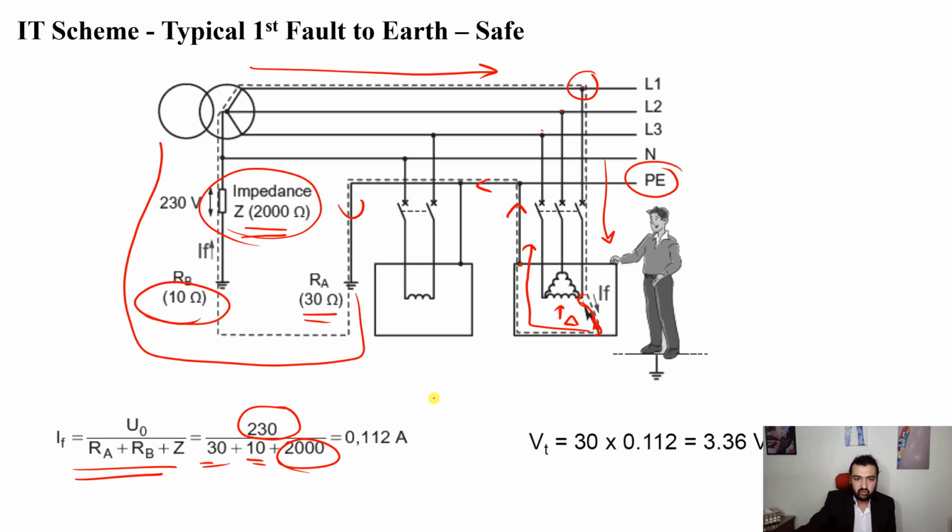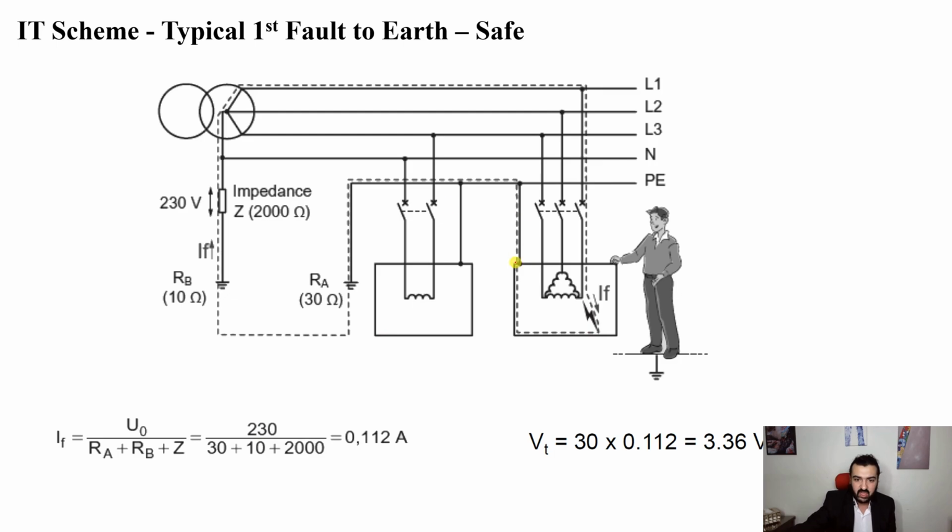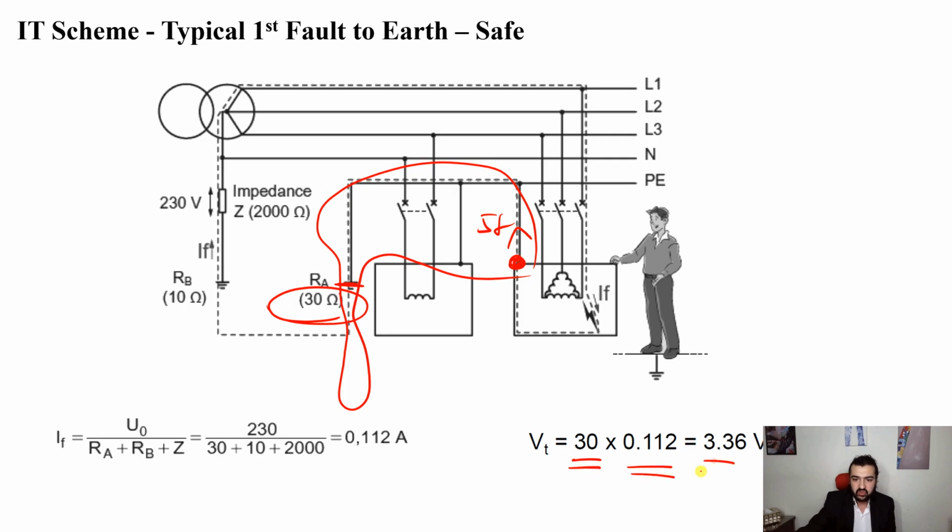If you would like the touch voltage, it will be between this enclosure and the ground, which will be I fault multiplied by 30 ohm, which is the impedance between it and the ground. 30 ohms multiplied by the current gives us 3.36 volts, same as the previous slide, very safe touch voltage.